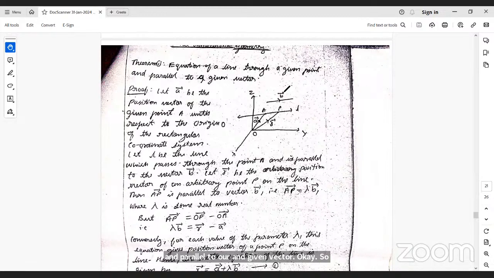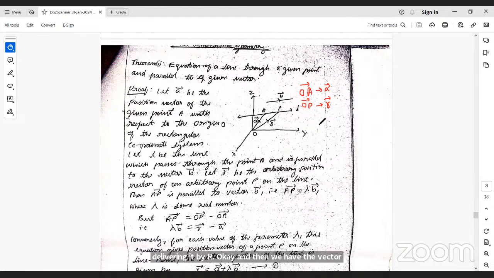This parallel vector is vector B in the figure, and the given point is A. For the point A, the position vector is A, and for the arbitrary point P, the position vector is R. Here OA and OP are the position vectors. OA we denote by A, and OP we denote by R. And then we have the vector B.